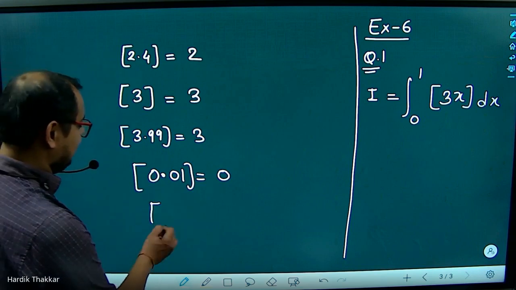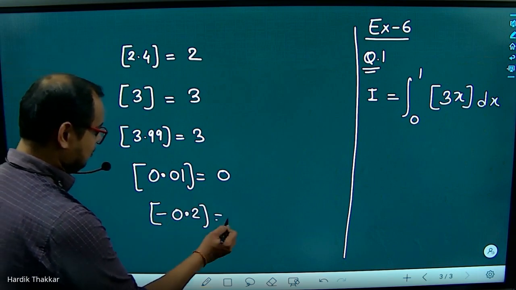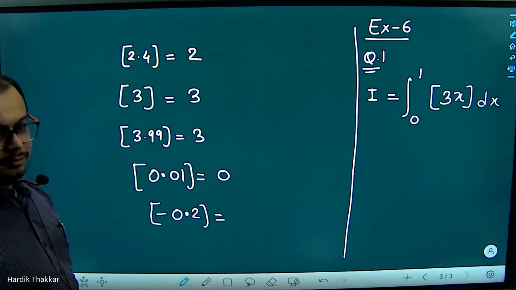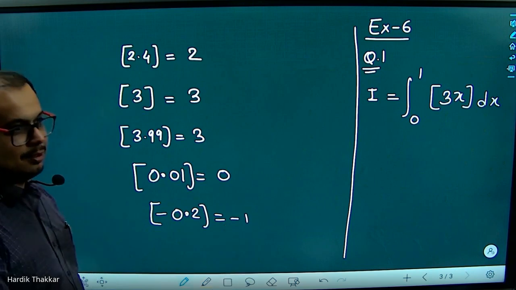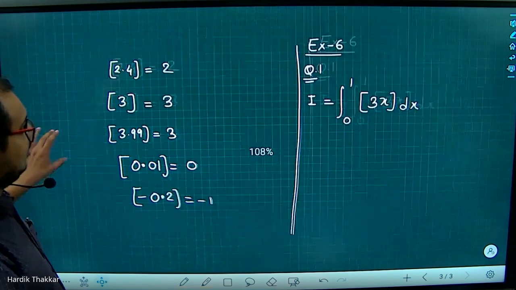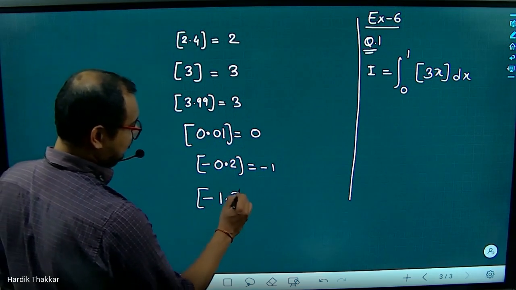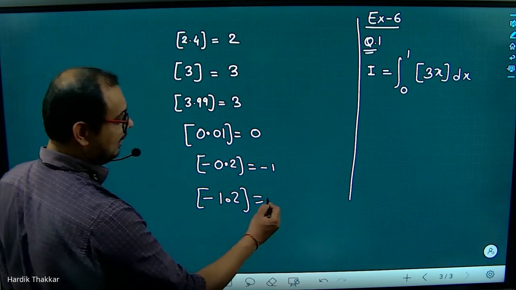What about greatest integer of minus 0.2? Sir, zero. No, its value will be minus 1. What about greatest integer of minus 1.2? Its value will be minus 2.